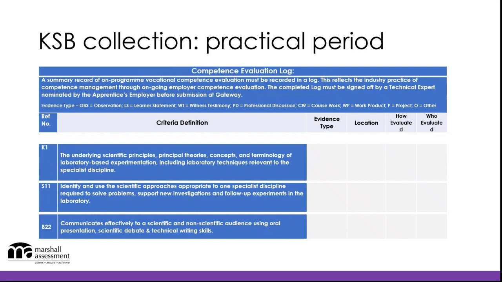And you may well be given by your training provider a log or some kind of electronic portfolio where you can tick off against the different KSBs the evidence that you have created that supports the fact that you are working at that level. So the KSBs, they are typically outlined in the apprenticeship standard.